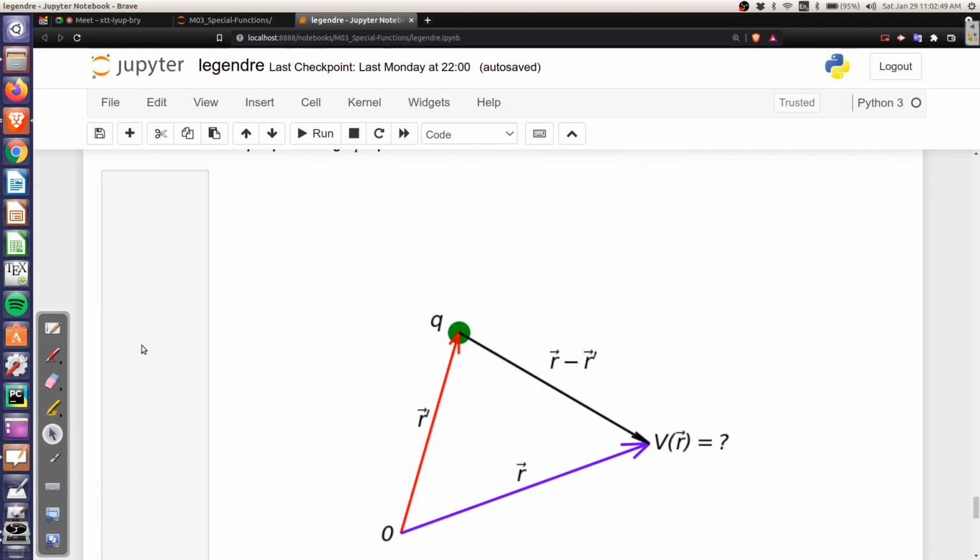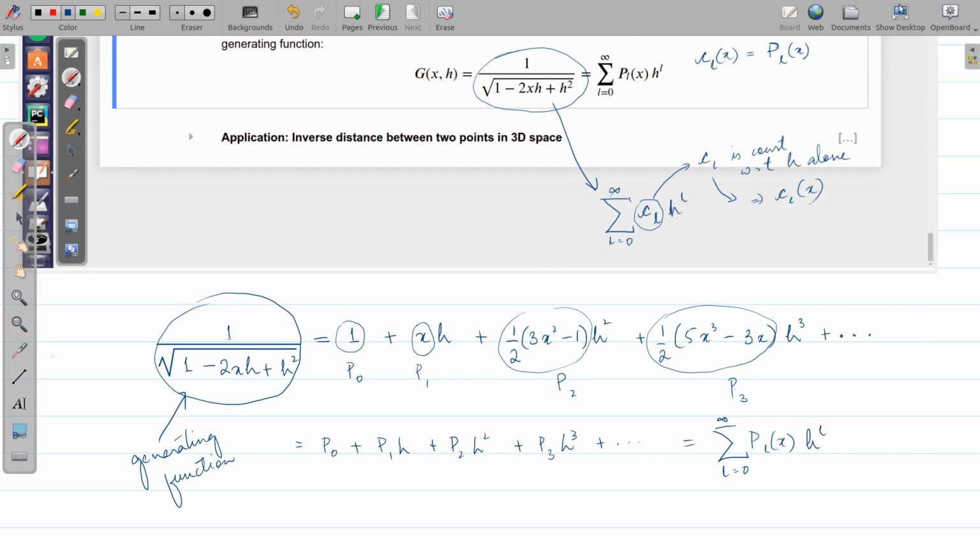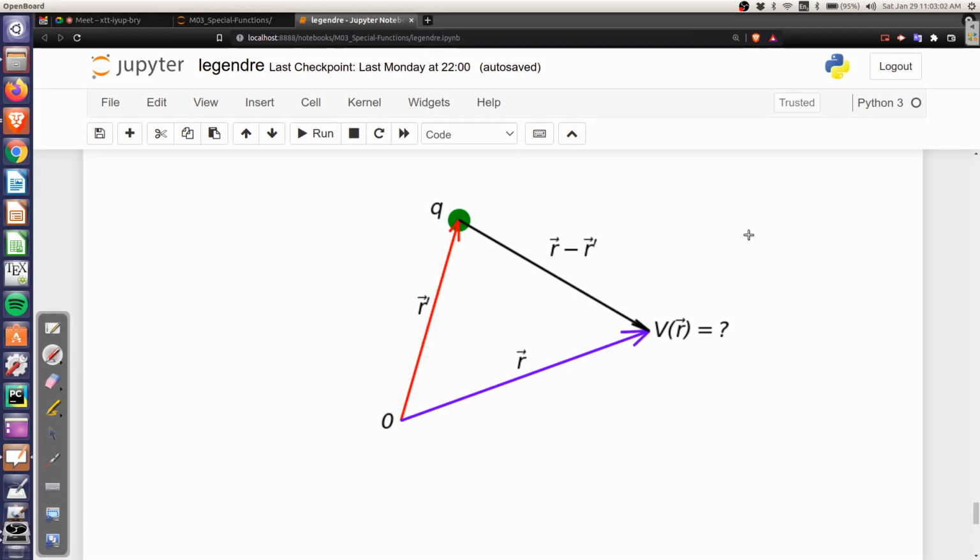So we put a charged particle at r prime, and I want to find out what is the potential at this point. Okay, so how do you find potential? What is the formula for potential? Potential is KQ by R, right? This is the formula for potential. So what is this potential going to be?